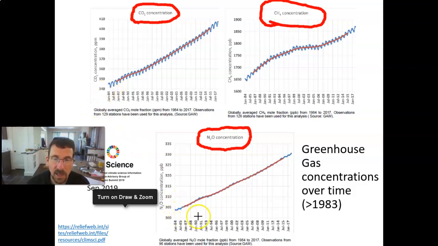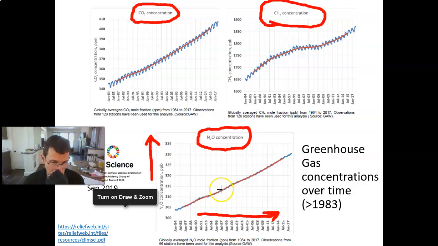That means that over time, which is moving to the right on the x-axis, the concentrations of these molecules in the atmosphere are increasing. So that means that over time we're seeing more and more of these greenhouse gases accumulating in the atmosphere. And this has been going on ever since we've been measuring this, which goes back in time far, far back before the 1980s.